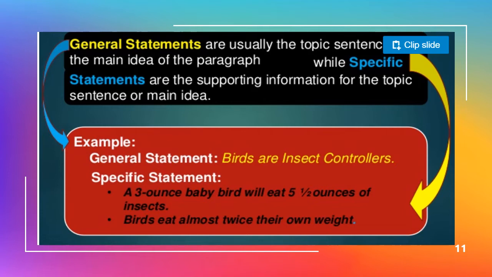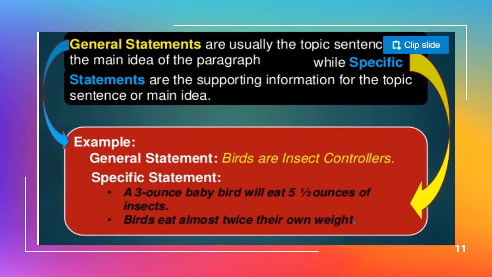So in short, when we say general statements, we give broad ideas or broad statements supported with specific or particular statements. Okay, so we give a general idea or statement, then we support the general statement using the specific statements. So these are the supporting information that could support our general statements.